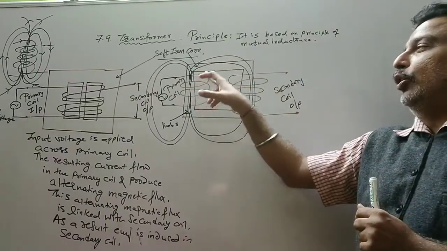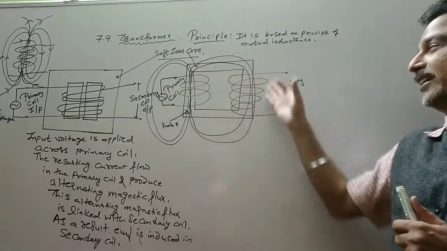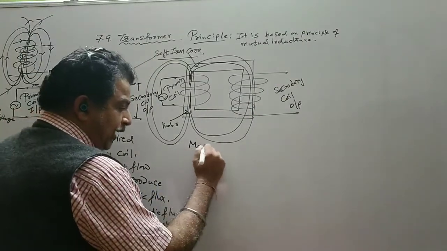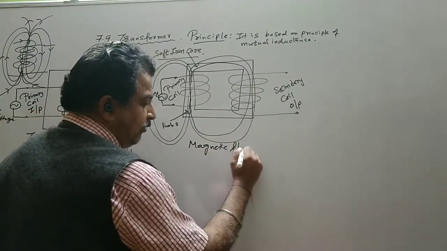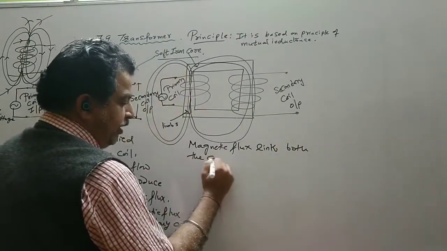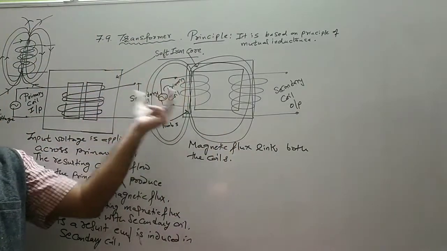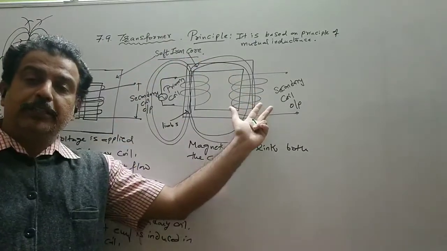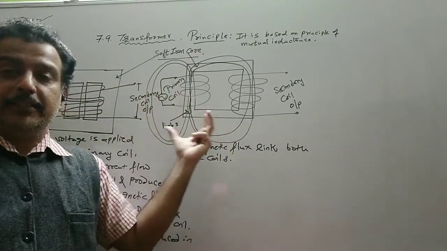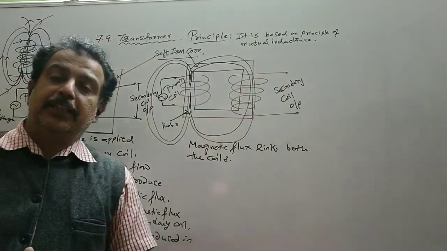So the magnetic field lines of the primary coil plus the magnetic field lines of the soft iron core get linked with the secondary coil. We can say the magnetic flux links both the coils. So as the current rises, the magnetic flux linked with the secondary coil also increases. As the magnetic flux decreases, or as the current in the primary decreases, the corresponding effect takes place in the secondary coil.